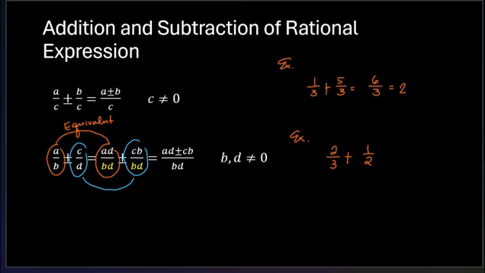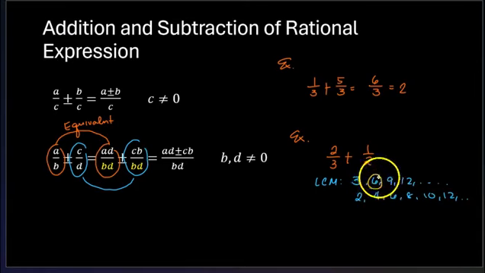What we usually do in arithmetic is look for the least common multiple. When we say least common multiple, the multiples of 3 are 3, 6, 9, 12, and so on. The multiples of 2 are 2, 4, 6, 8, 10, 12, and so on.